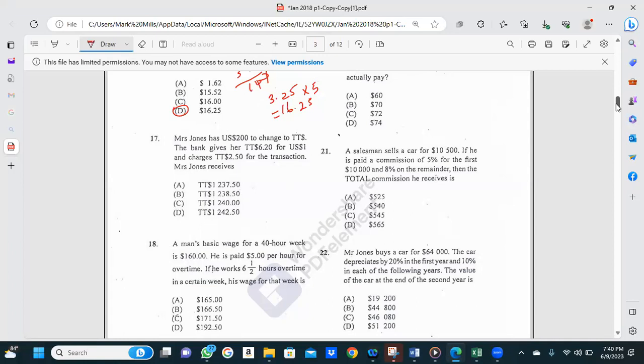Mrs. Jones receives, what's the first thing we do? What do we do?